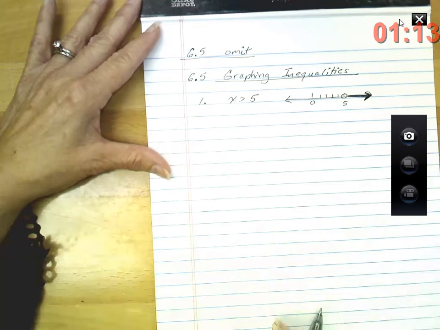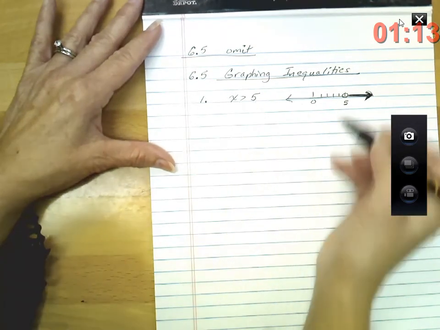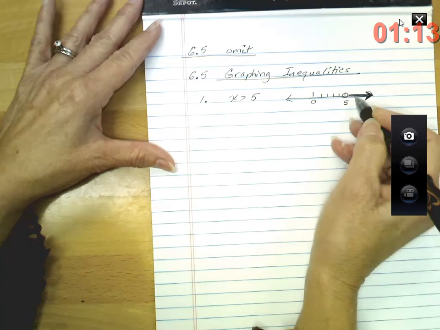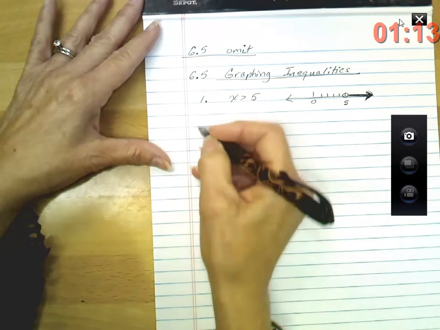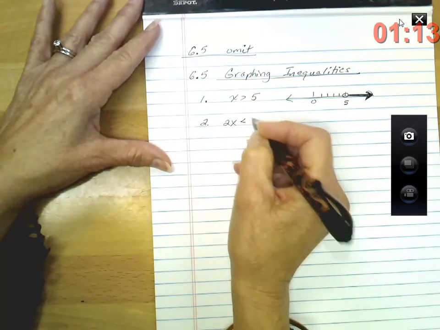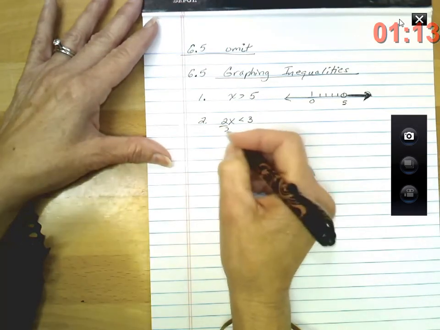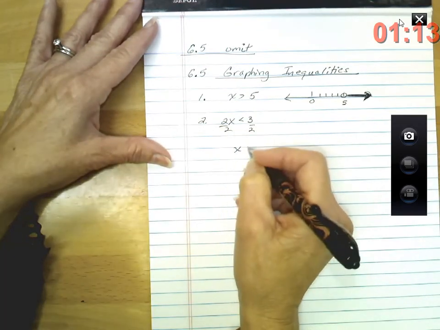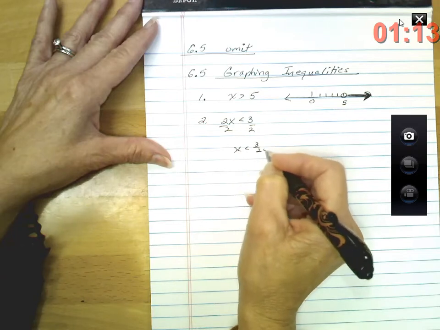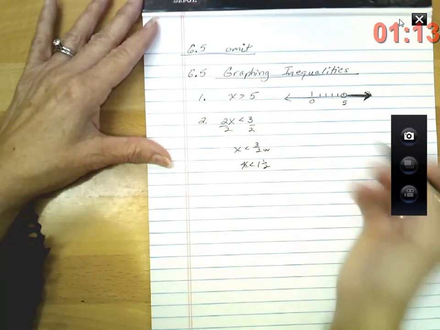Okay, that's what that would look like graphed. x is greater than 5, so you just have an open circle at 5 and then shade that way. Number 2, if you had to graph 2x is less than 3, you first have to solve it by dividing by 2. So x is less than 3 halves, or x is less than 1.5.